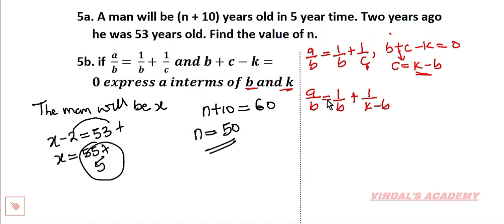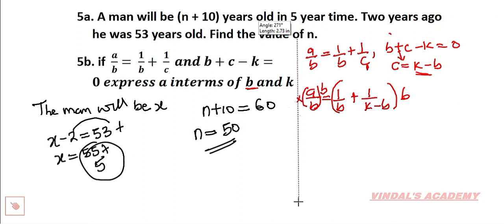So I will make A the subject of the formula. Oh, sorry, I'm looking for A, not B. So I'm going to multiply everything by B. I've multiplied both sides by B, so this will cancel this.